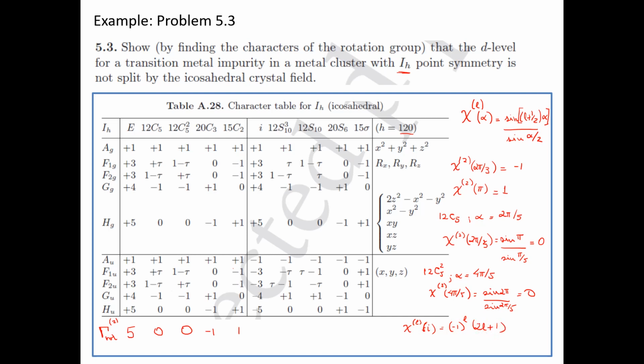Since in this case L equals 2, so this is an even number, so this is simply 5. So for the inversion symmetry, we have 5 here.